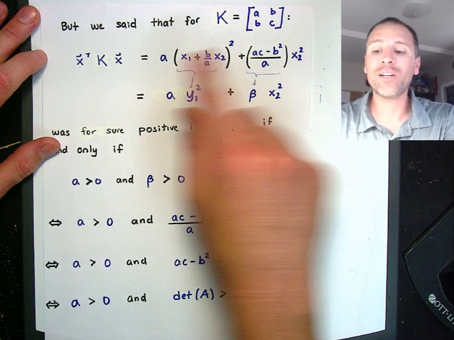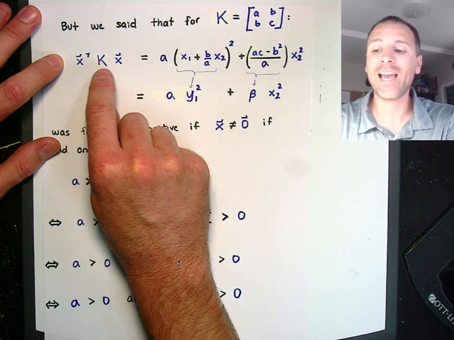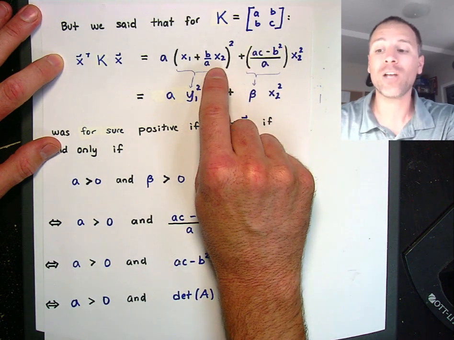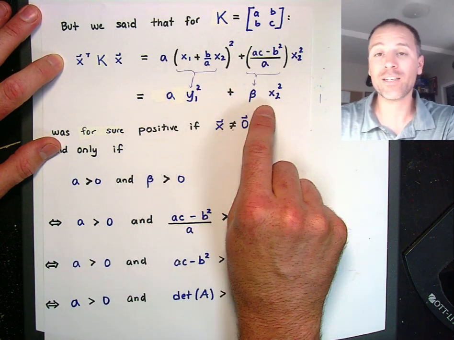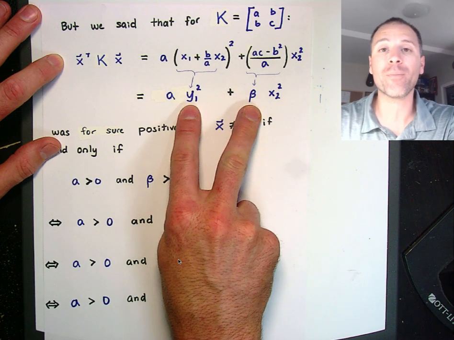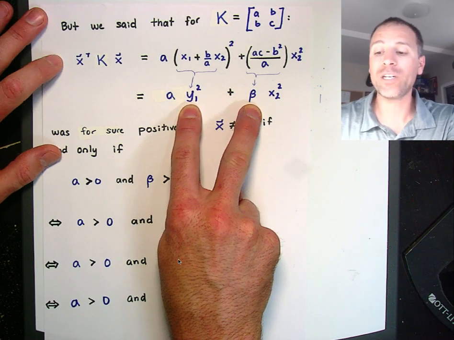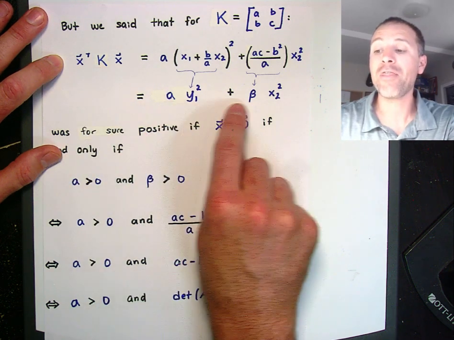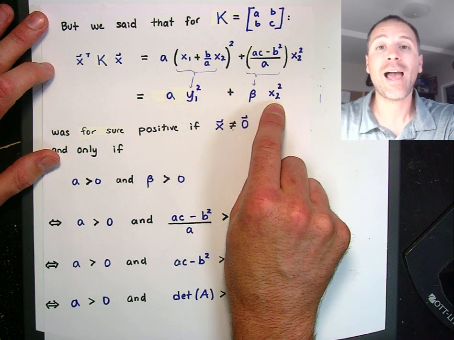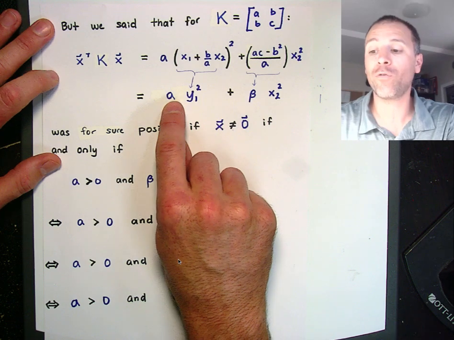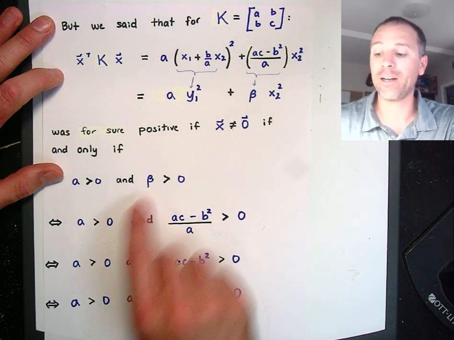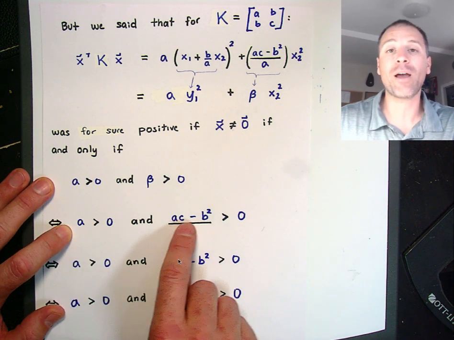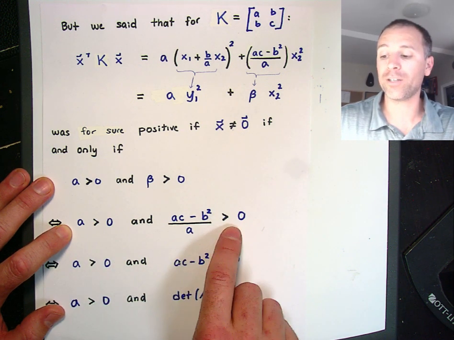But we said when we look at the quadratic form x transpose Kx that we wrote that in this perfect square format, which simplified to this form when we did dummy variable substitutions. And we said that this quadratic form is positive definite if and only if this quadratic function has positive values for a and scalar beta. But this was true if and only if a was positive and (ac minus b squared) over a was positive.